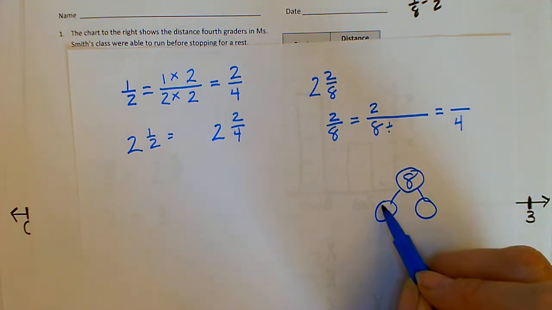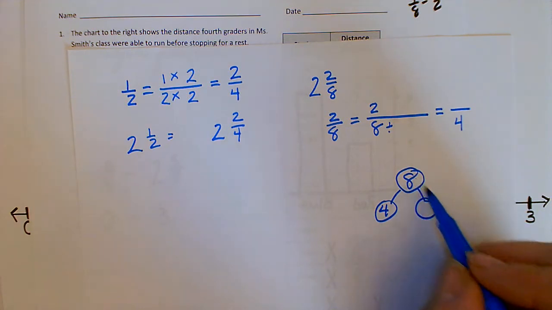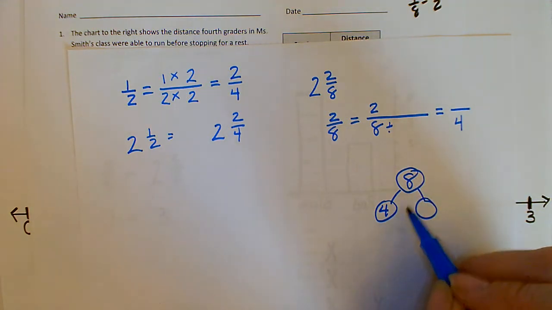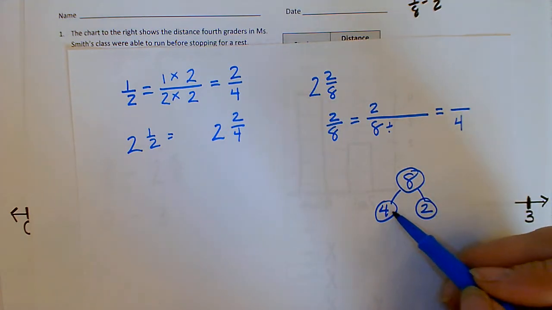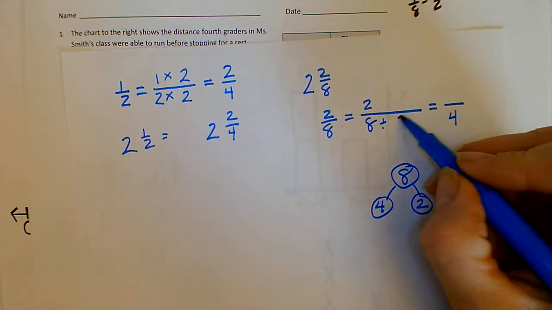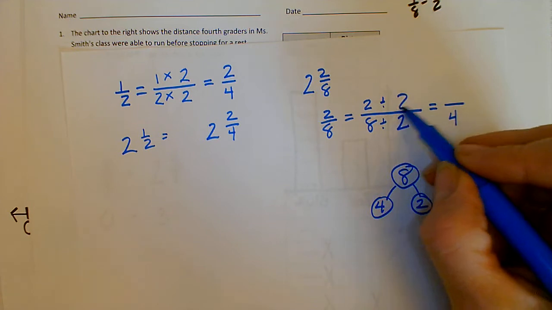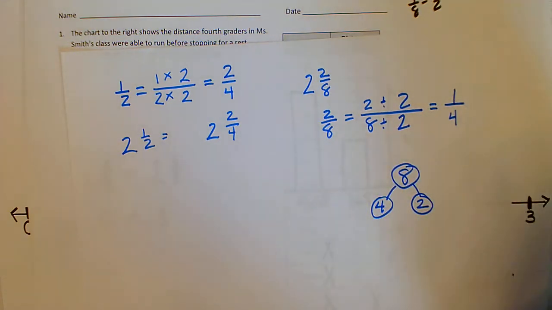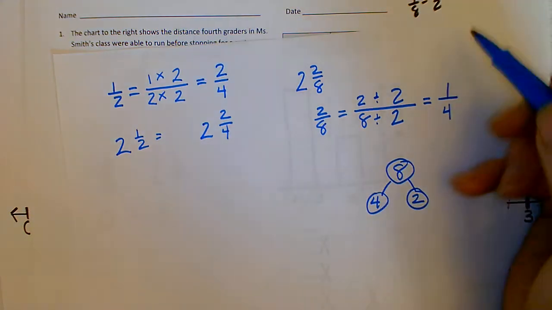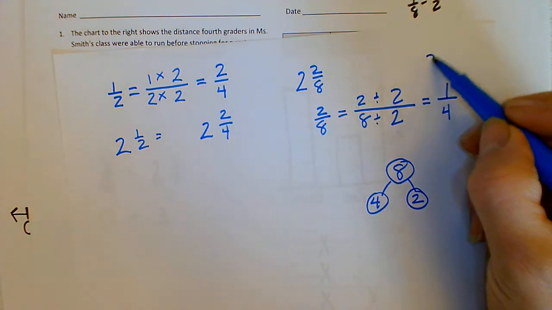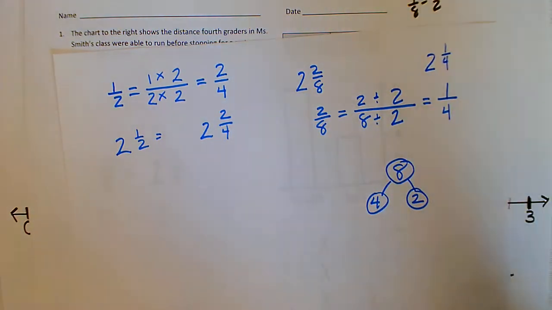I can use a number bond to show this. 8 divided by some number is 4, but also 8 divided by 4 gives me that number, which is 2. Or 4 times 2 is 8. So 2 divided by 2 is just 1. So yeah, 2/8 is equivalent to 1/4, which means that 2 2/8 is equivalent to 2 1/4.